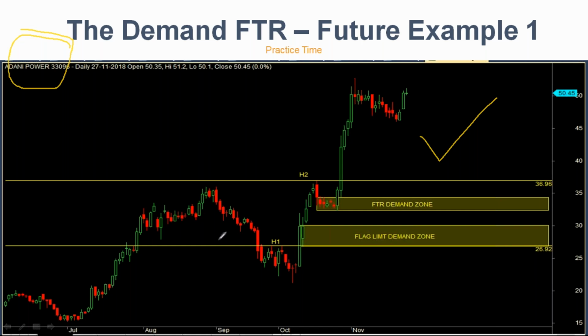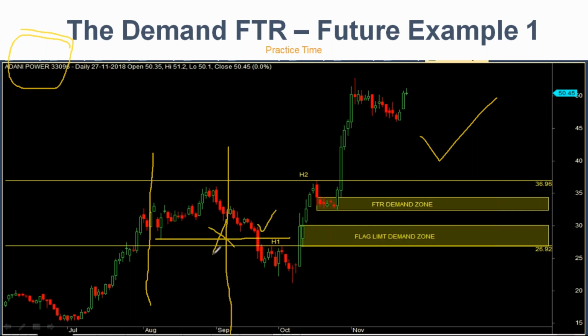August, September, SR flip. Where is the SR flip? Shailesh, where is the SR flip in August, September? This is August. This is September. Where is the flip? If you take this as a support, it has broken. Okay, this is a momentum.